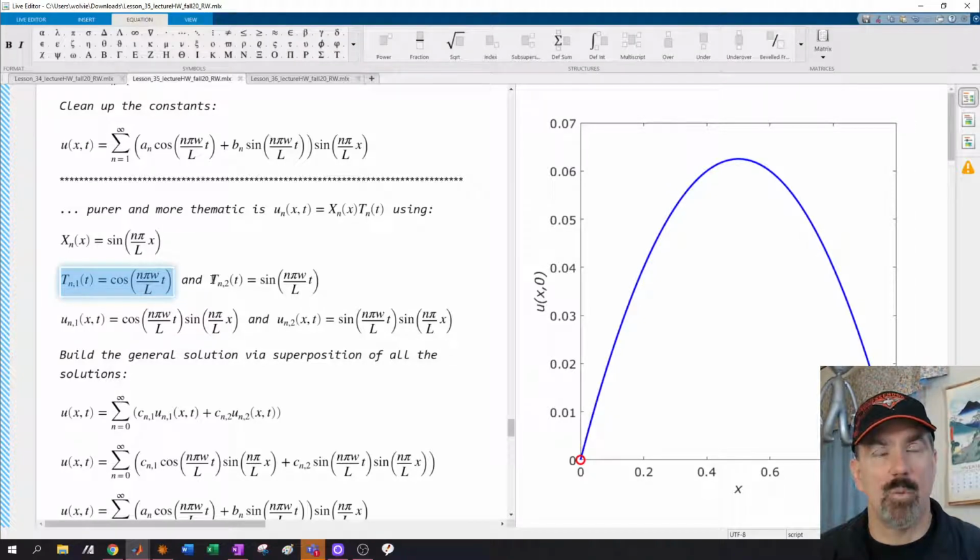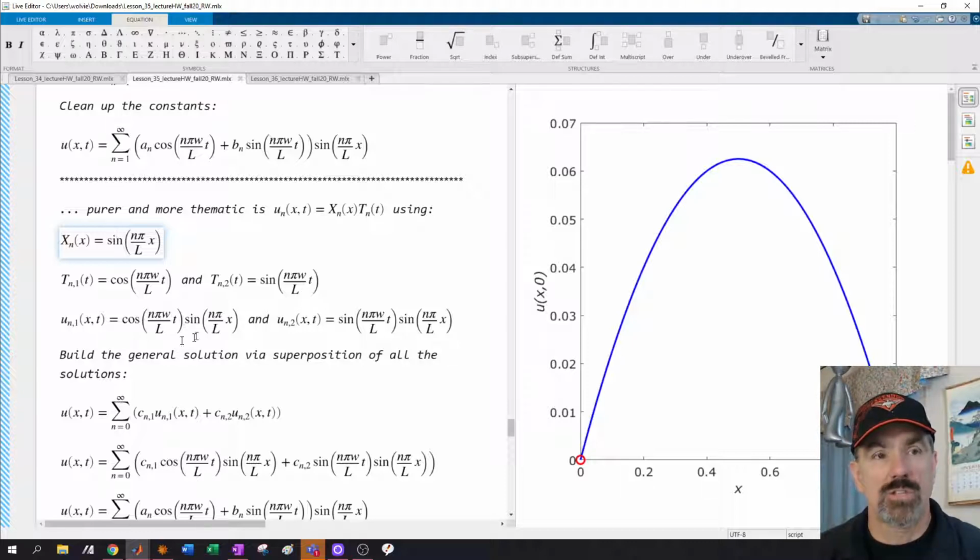I have my 1's and my 2's. And now I think about building the product solutions, and when I do, I have product solutions of the sine of n pi over L x along with the cosine of n pi w over L t, and I also have solutions that are sine n pi over L x along with sine of n pi w over L t.